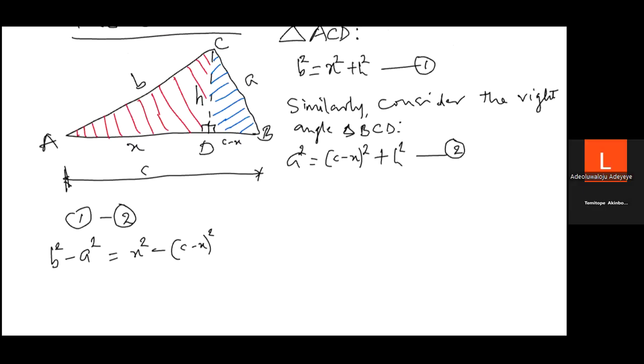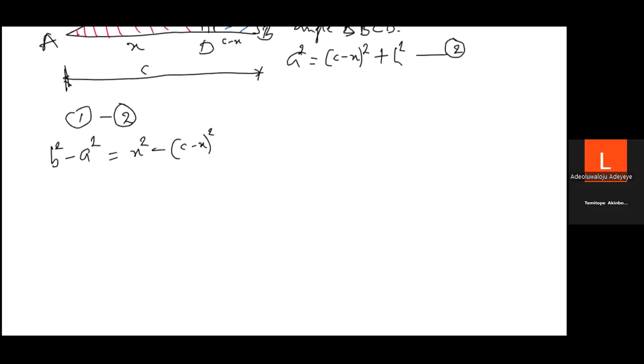Now, I will expand the term in the bracket. So b squared minus a squared equals x squared minus, and I will still retain brackets in expanding this, (c minus x). Why am I retaining the bracket? Because the minus here is to affect all the terms after expansion.